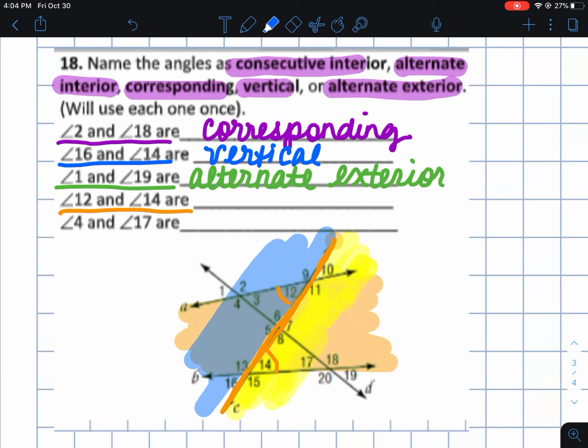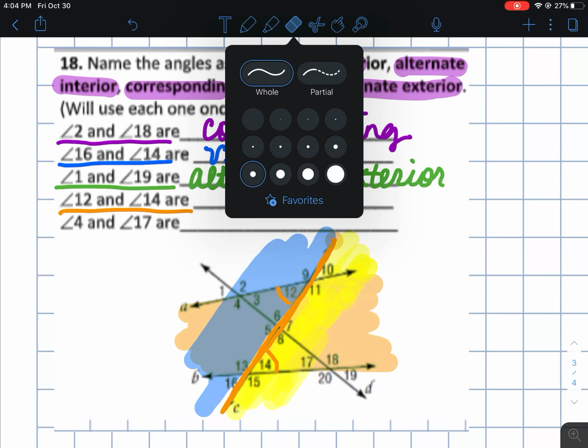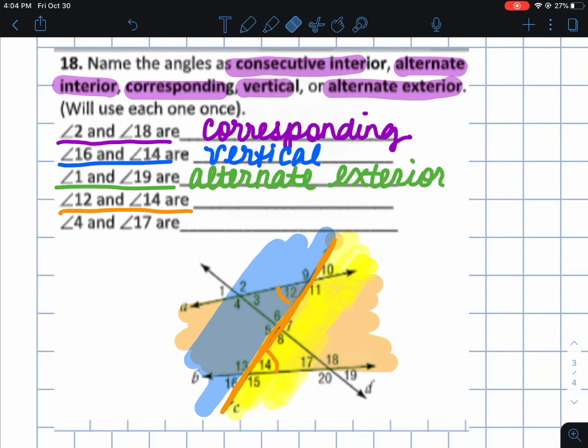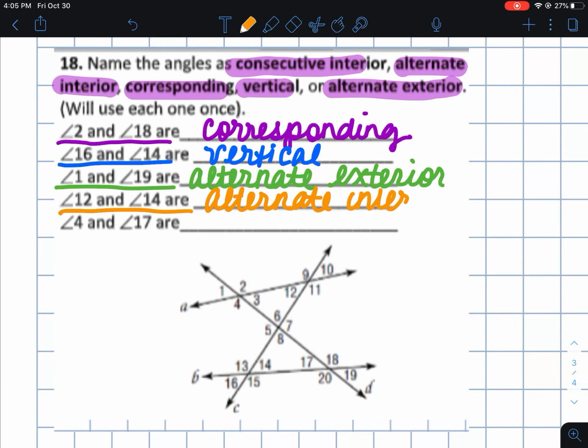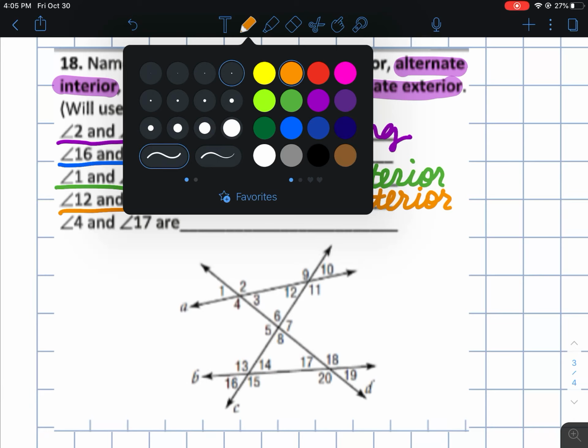Since they're on different sides of the transversal, it's alternate. That's what alternate means: they're on different sides. Consecutive means they're on the same side. So that's alternate, and we already said they were inside, so that's interior. Okay, last one.